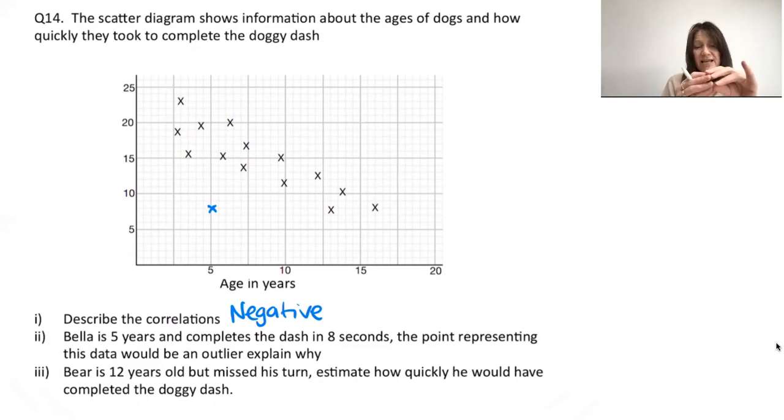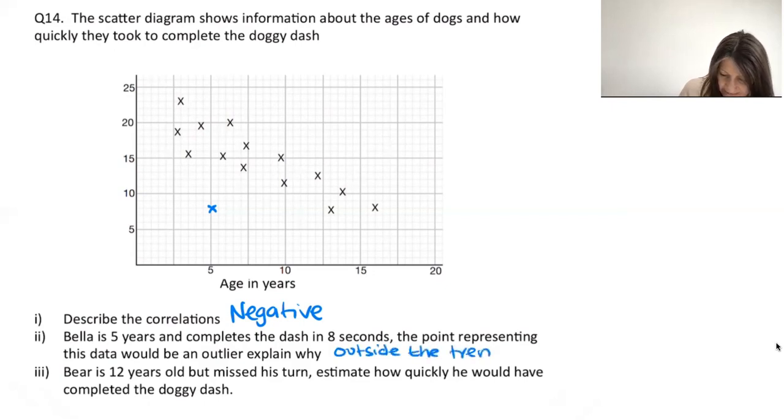The trend of the data kind of falls between this line and this line here, and this is definitely outside the trend. So that's what we would say for that question. So explain why it's outside the trend in the data. Something along those lines is what we're looking for there.